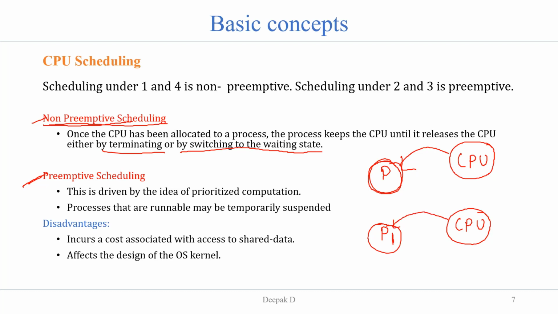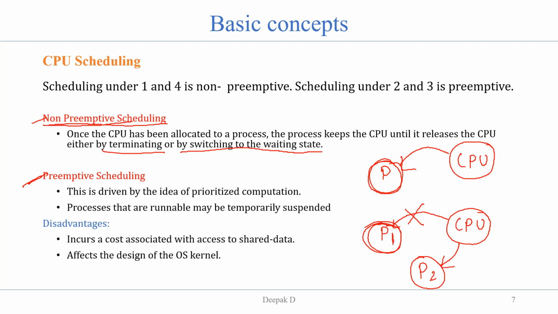There may be some situations when another process comes into the picture which has higher priority than this P1. So the CPU will be taken away from P1 and the CPU will be given to P2.